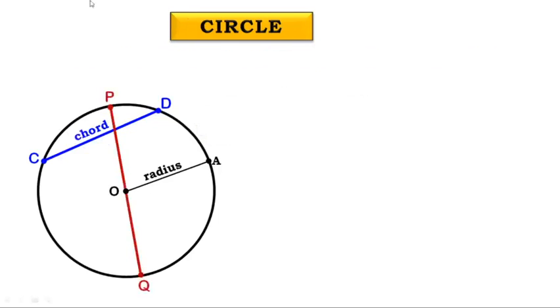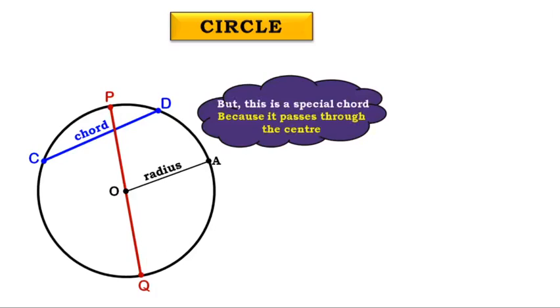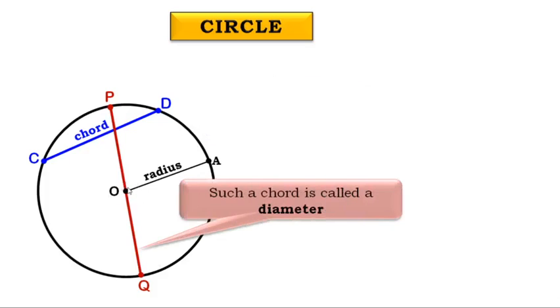Now if you have a look at this line PQ, you will say that this is also an example of a chord. But this is actually a special type of chord because it passes through the center O. Such a line is called a diameter. Now observe this logic very carefully. This is a radius and this is a diameter.